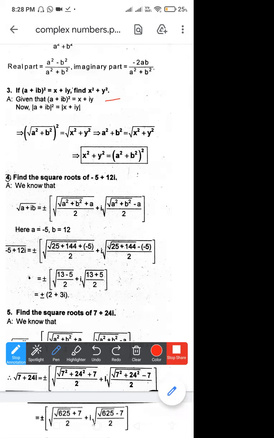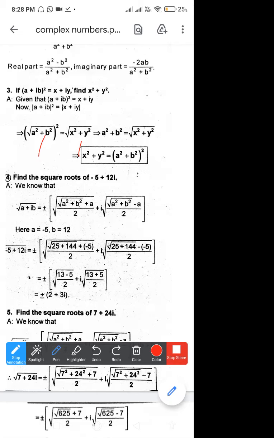If you apply the modulus, then modulus of a plus ib is root of a square plus b square. We have just now learned the formula. Similarly, modulus of x plus iy is equal to root of x square plus y square, right? So by applying the modulus, we removed i, and we put the root also.